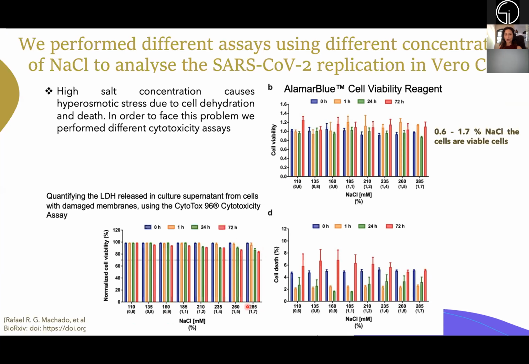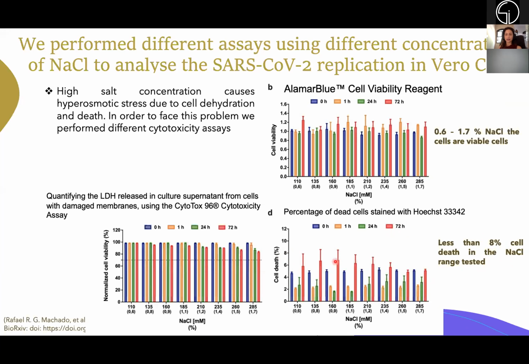We also measured the percentage of dead cells stained with this dye, to measure the DNA of the cells. As you can see, in all salt conditions, across different time courses with the salt until 24 hours and 72 hours, the cells are alive, and we only detected less than 8% of cell death in the NaCl range tested.